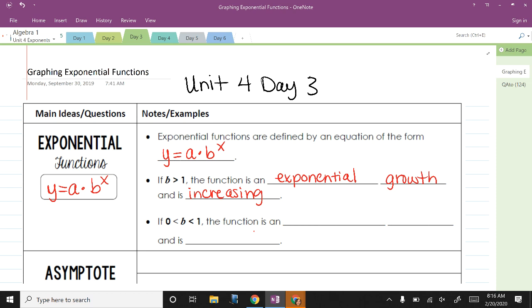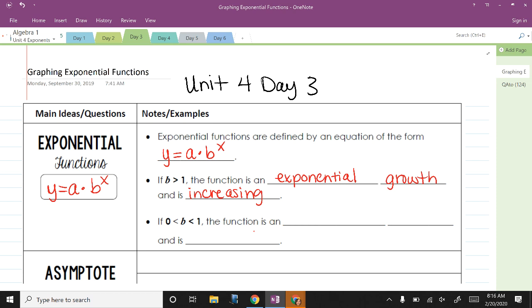Looky here how it's written: if your base is in between 0 and 1, now what kind of numbers are in between 0 and 1? Fractions and decimals, right? But are all fractions less than 1? No. What kind of fractions are not less than 1? Improper ones, right? We won't see mixed numbers, but we will see some impropers. So improper fractions would be in the other category.